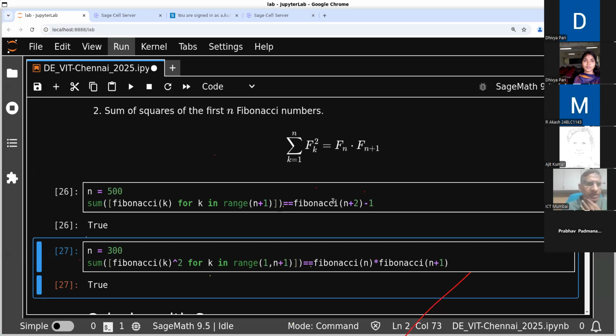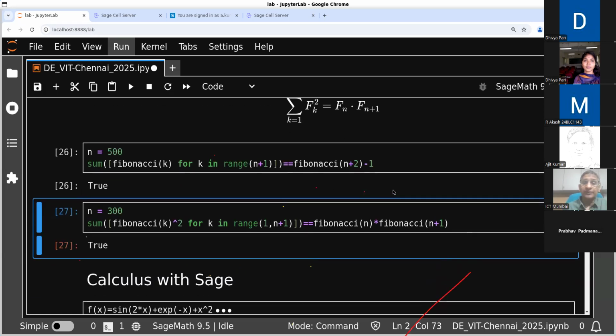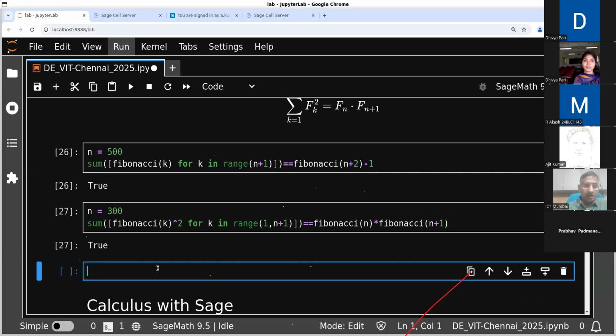There are several other properties of the Fibonacci sequence. You can even look at, for example, the limit of f_(n+1) divided by f_n. That's a sequence, and that sequence actually converges, and it converges to, does anybody know?